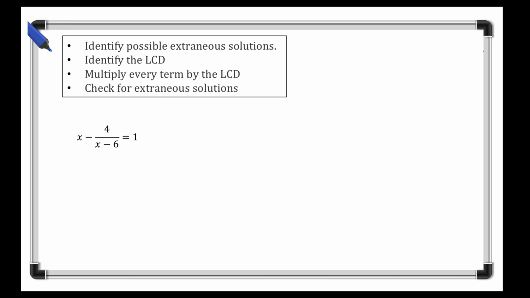So here what we're going to do is look at just a couple steps that we need to solve a rational equation. Now the first thing you want to identify is the possible extraneous solutions. So just remember that this is what x can't be. The next thing we want to do is identify the least common denominator, or the LCD.